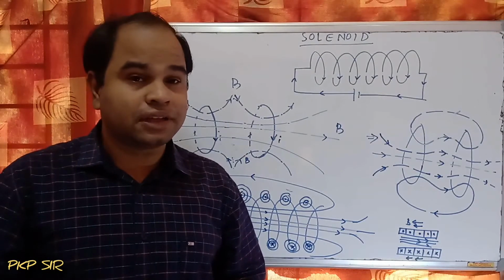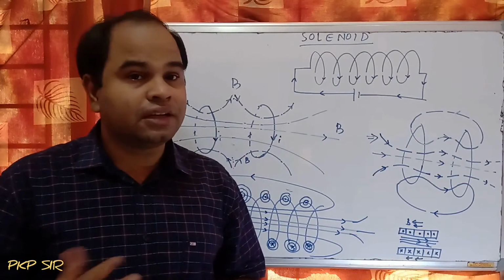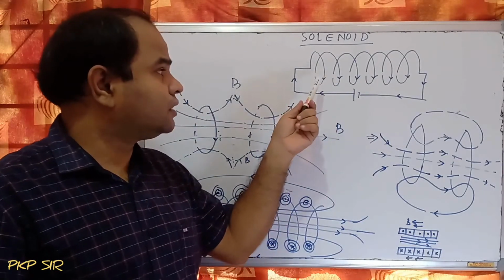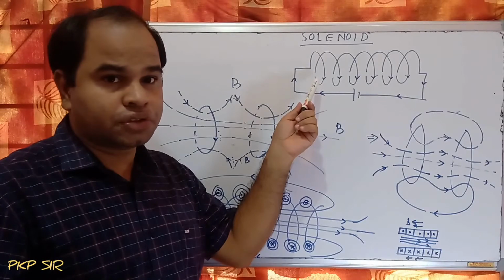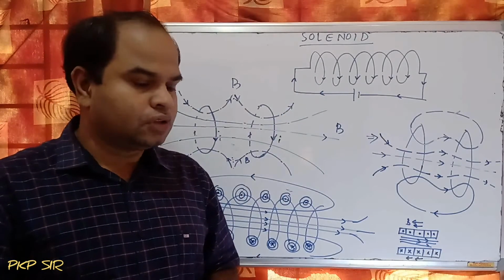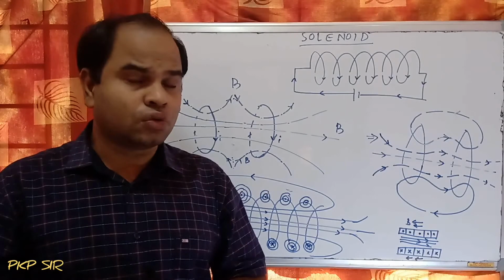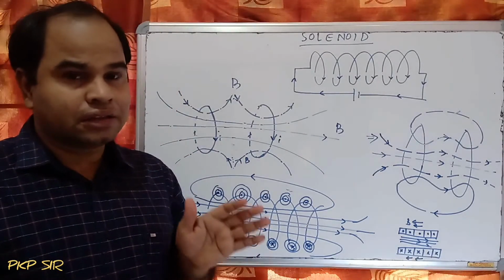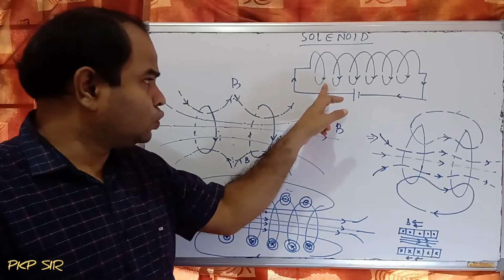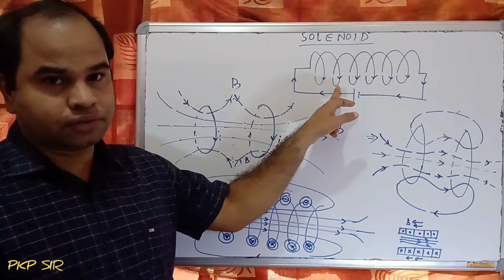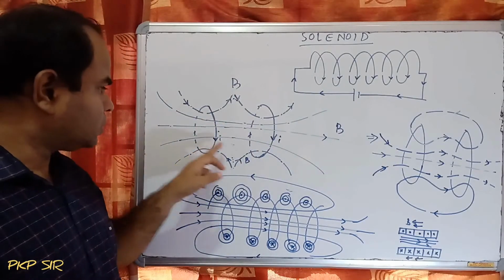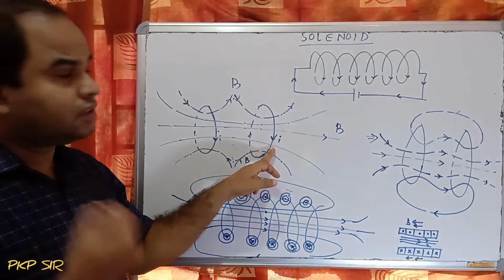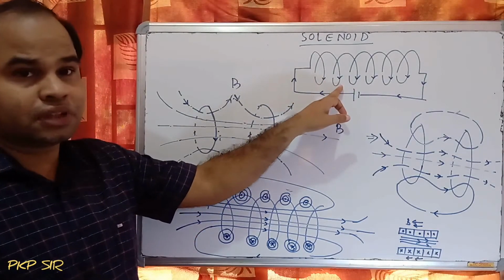Let us consider a solenoid carrying current, which is shown in this figure. The current in the solenoid is in clockwise direction. Okay. So let us consider two circular current carrying conductors carrying current I in the same direction, similar to the two loops of the solenoid.